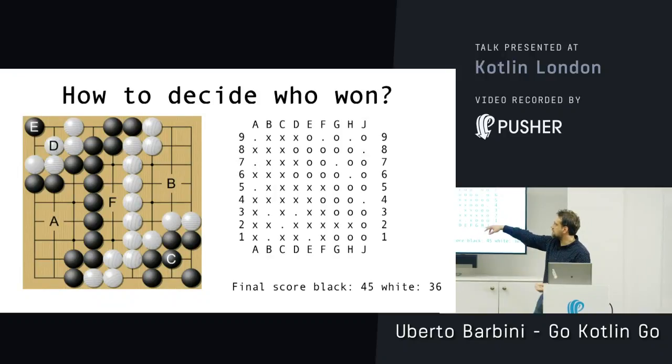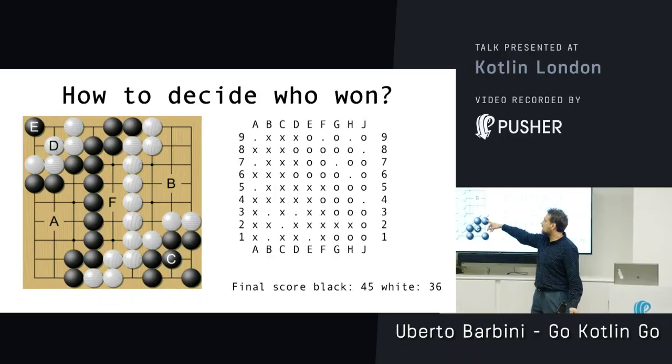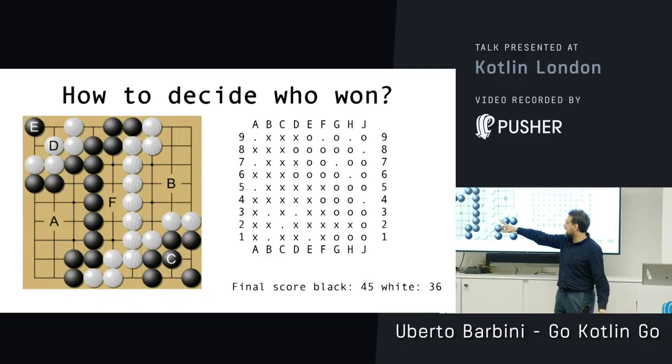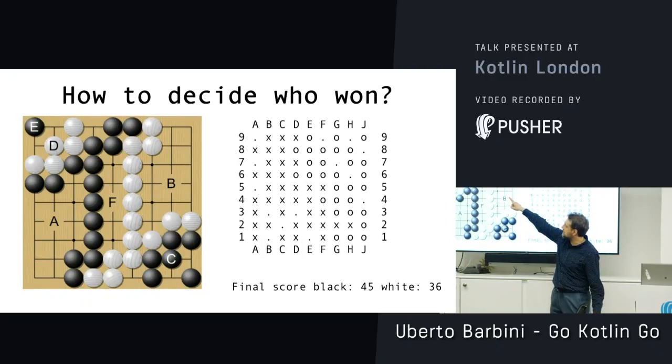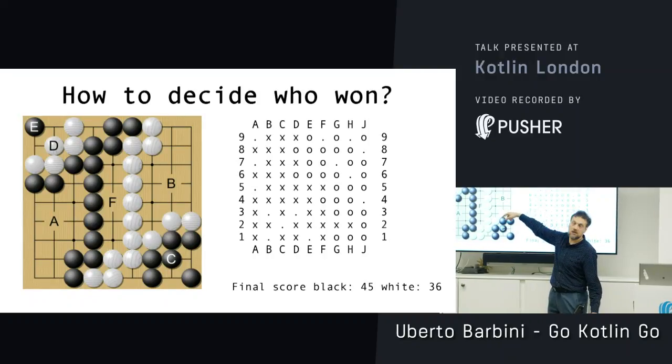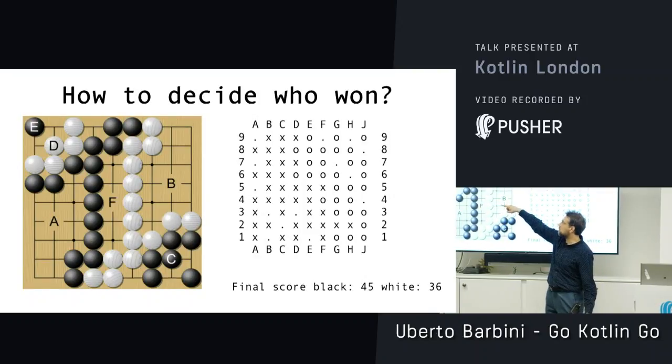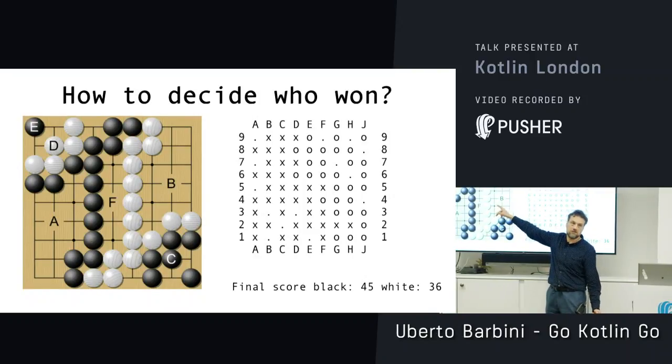So, for example, if this was a play, black will have the A part, these 2 in the C, and also the D white stones, they are actually dead. Because from this position, there is no way that white can save those stones.